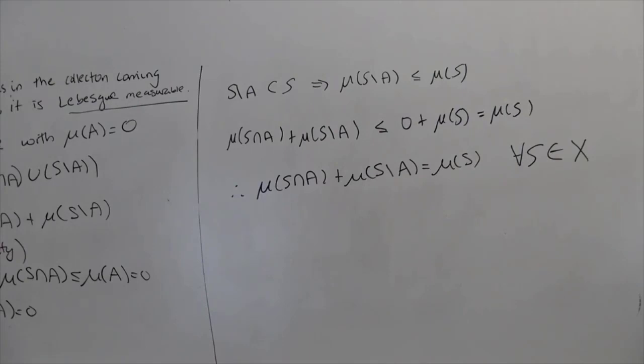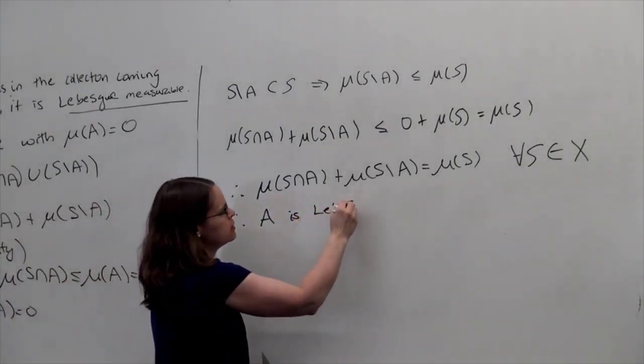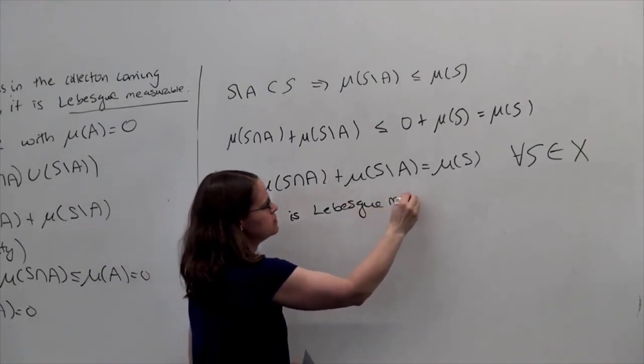Okay, so we have that condition. So if Carathéodory is right, that means we've got a Lebesgue measurable set. It means this set plays well with additivity. Okay, so we say great, A is Lebesgue measurable.